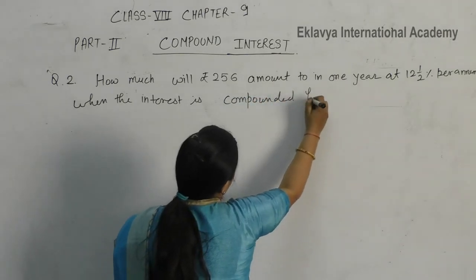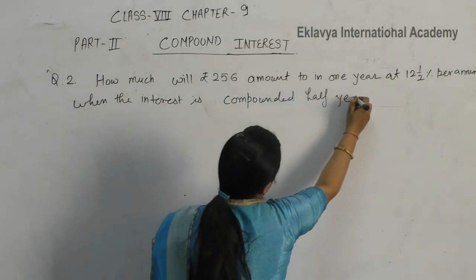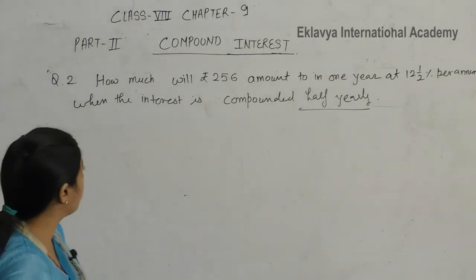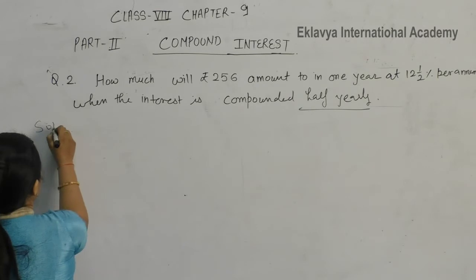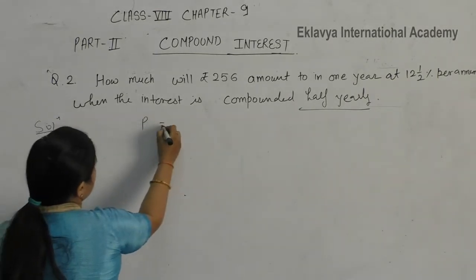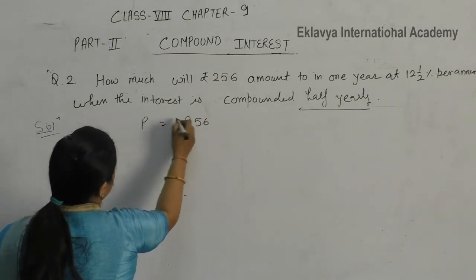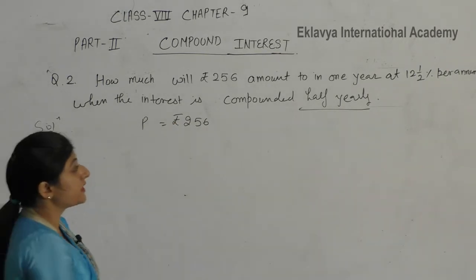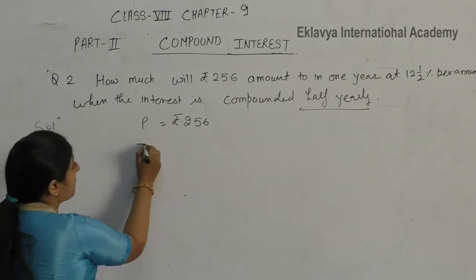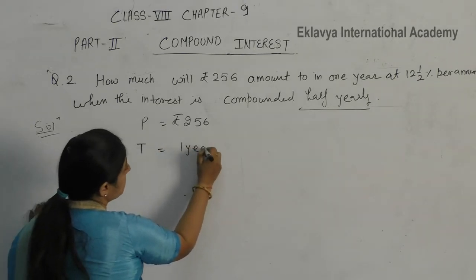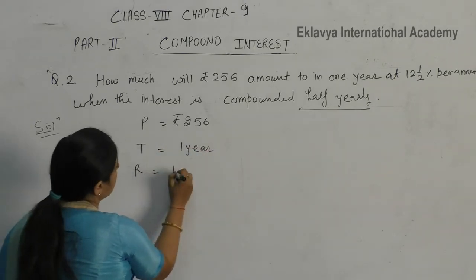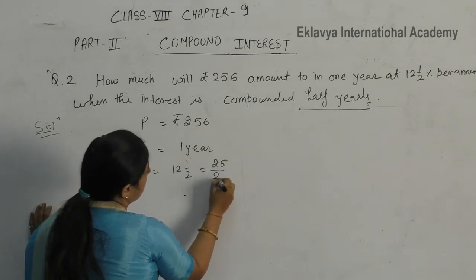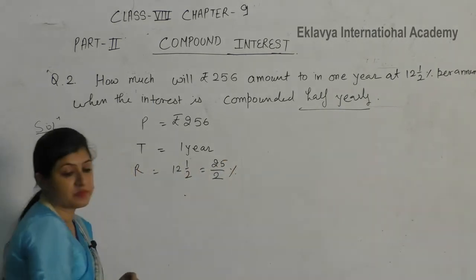Now here the word is half yearly. It means we will calculate accordingly. Your principal is given as rupees 256. Time given is 1 year. And rate according to this is given as 12.5, which becomes 25/2%.